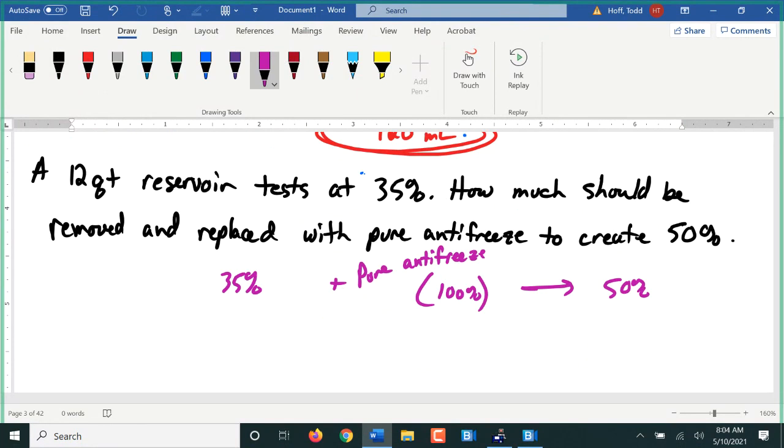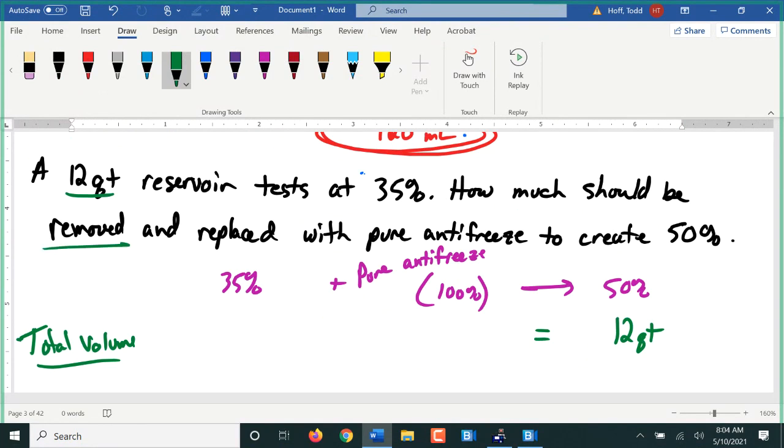Here's the tricky part on this one. Total volume. When we are done, we're going to have a full reservoir. We can't have more than that. The reservoir is 12 quarts. When we're done, we're going to have 12 quarts of 50%.